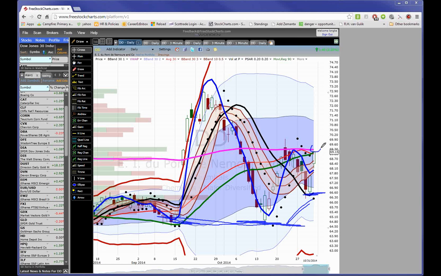It's right at the long-term 270, so I'm looking for 71 and then 73 on the upside. And I like this last little sense of urgency here. That energy was really strong.